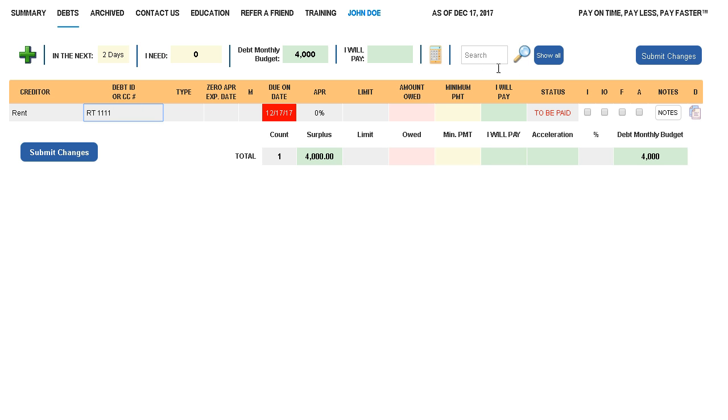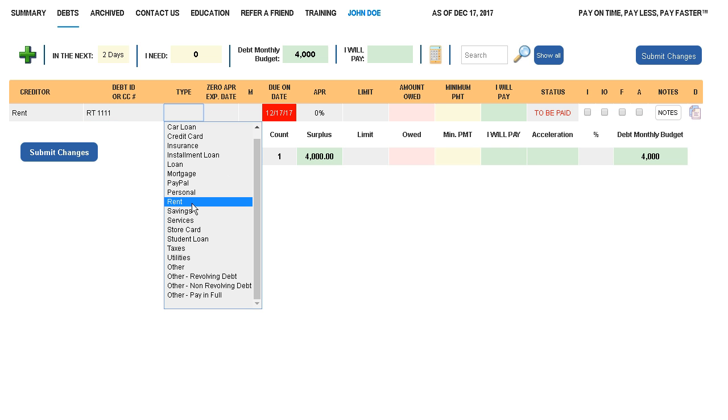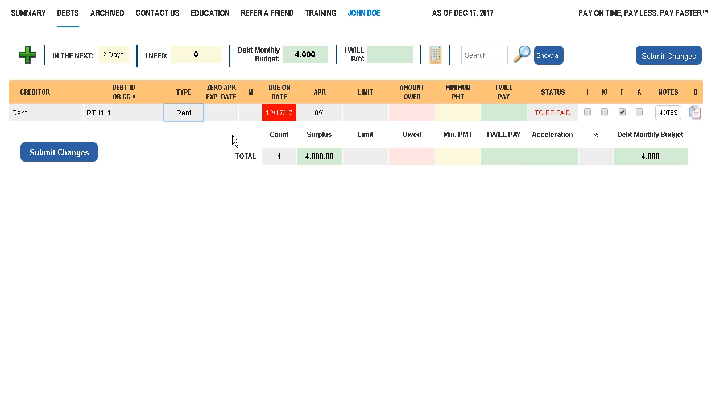So for example here, I will be able to search by 1111 and find this particular debt. So this is rent, and rent is the type of pay in full.